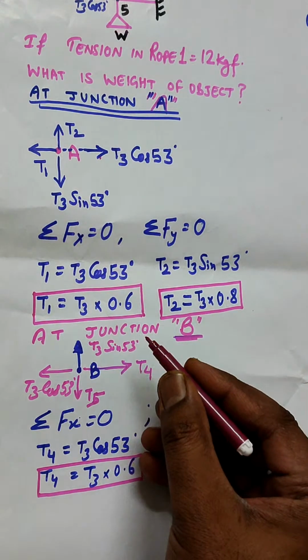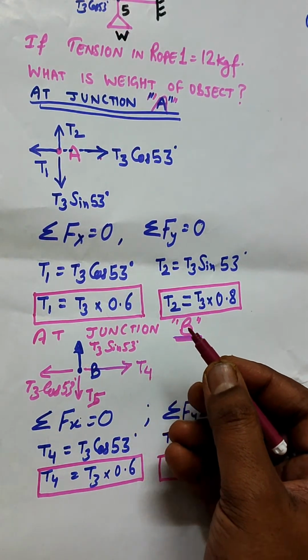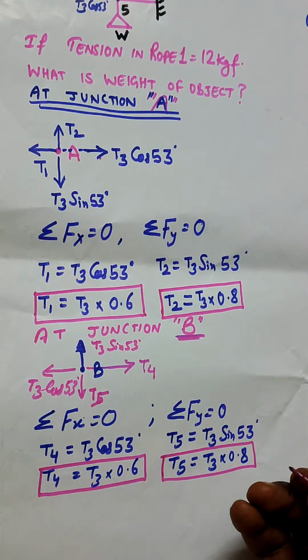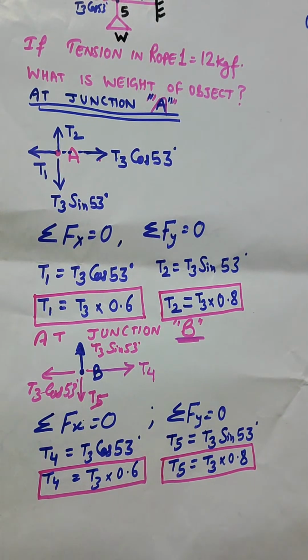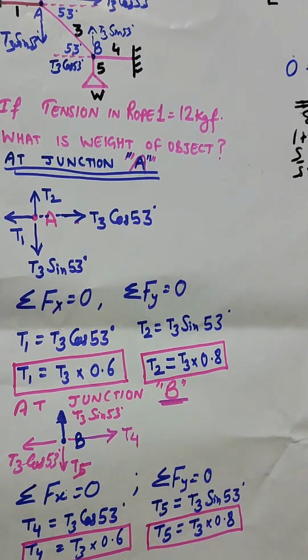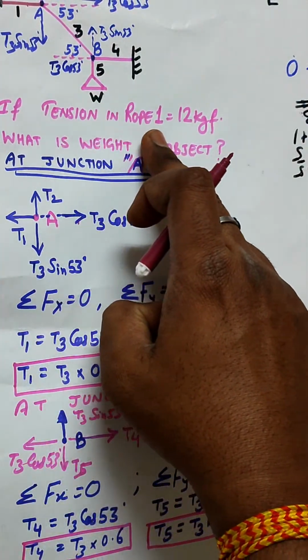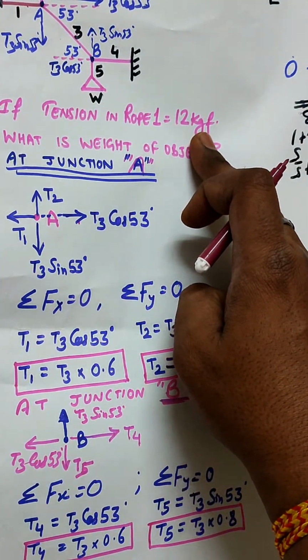So from here, it is given that the tension in rope 1, T1, is 12 kgf.